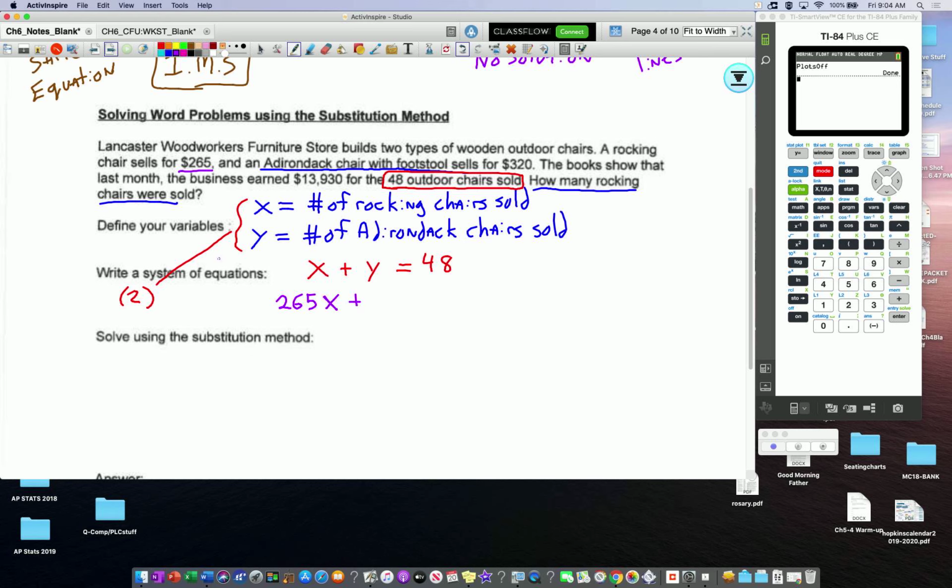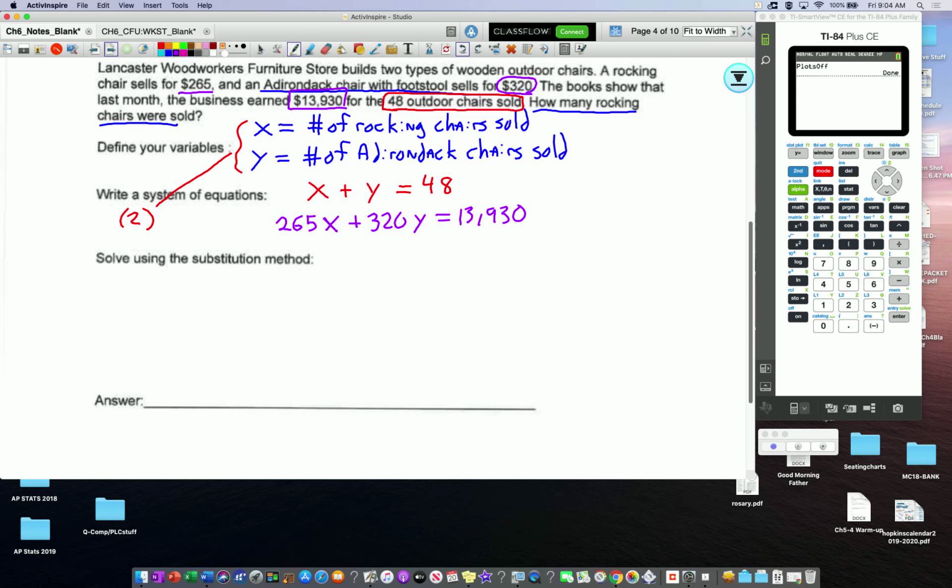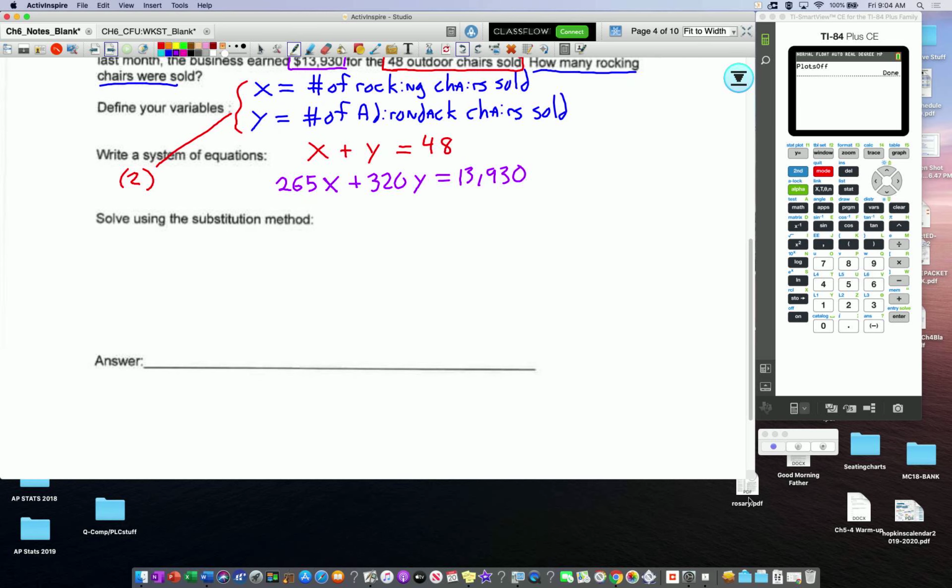Plus the amount I'm making for the Adirondack chairs, which is $320. So 320 times the number of Adirondack chairs sold, Y, that equals all the money the company made, the $13,930. So now I have my 2 equations.